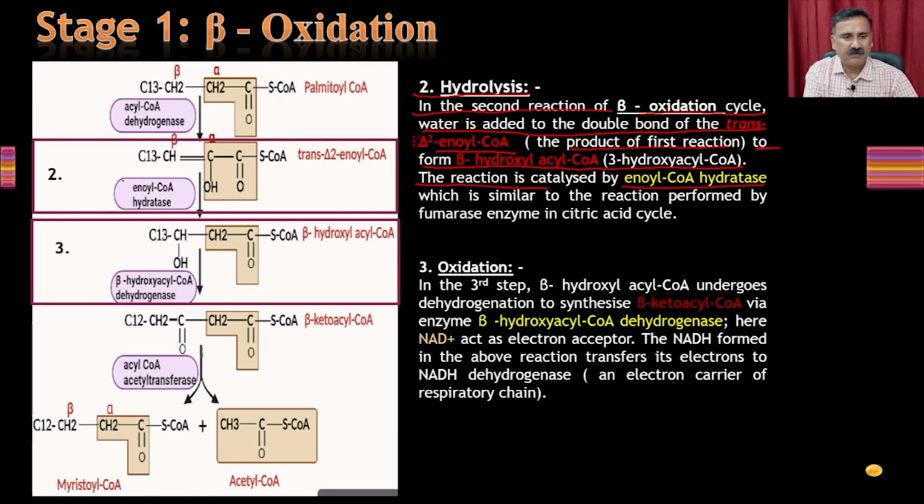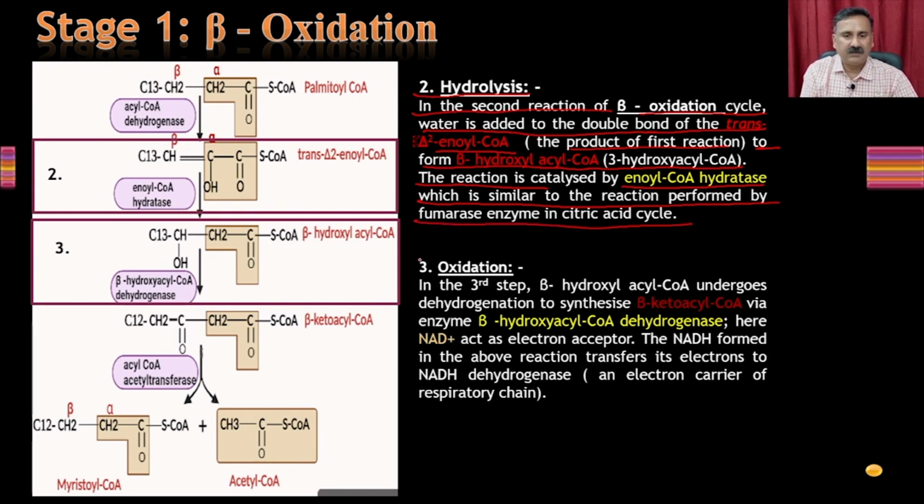So the molecules released from the acyl CoA dehydrogenase enter into the second reaction, which produces 3-hydroxyacyl CoA. This is similar to the reaction performed by the fumarase enzyme in the citric acid cycle.